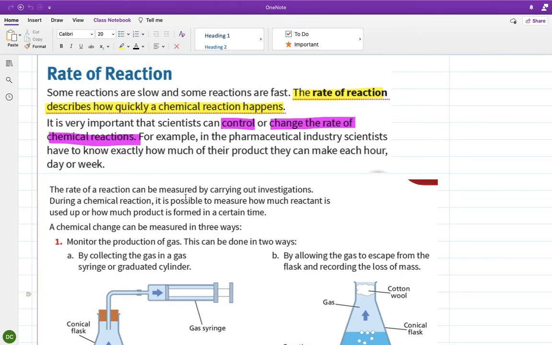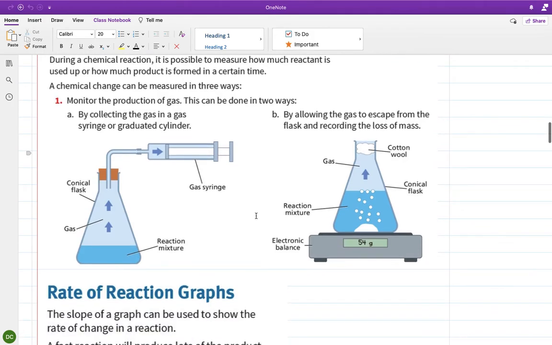The rate of reaction can be measured by carrying out investigations, and when we get back to school, we're going to do this, but I'm going to talk through each one. During a chemical reaction, it is possible to measure how much reactant is being used up or how much product is being formed at the same time. Essentially you have two options.